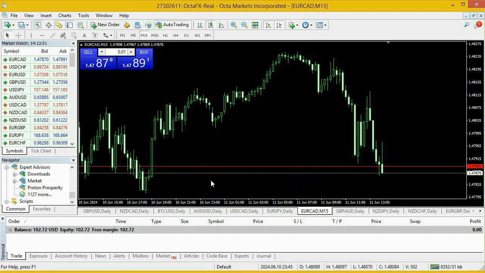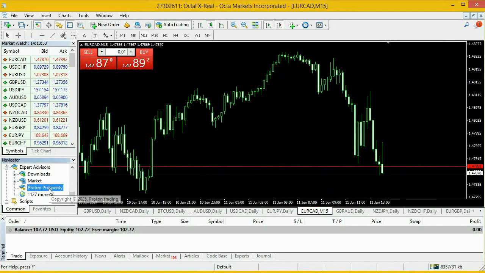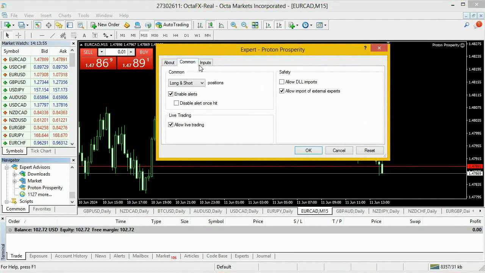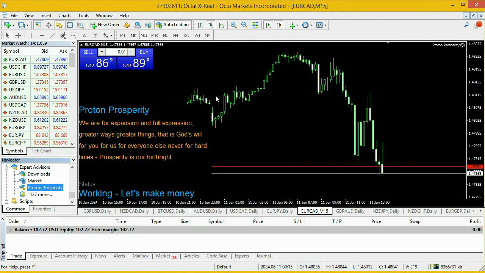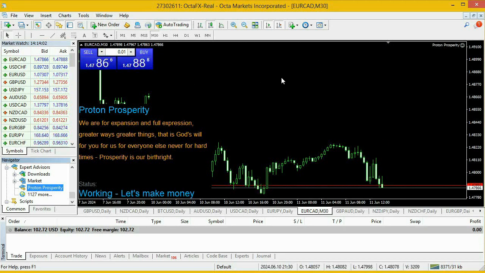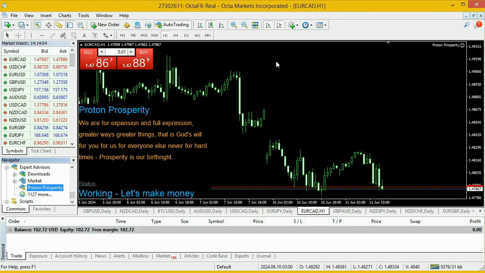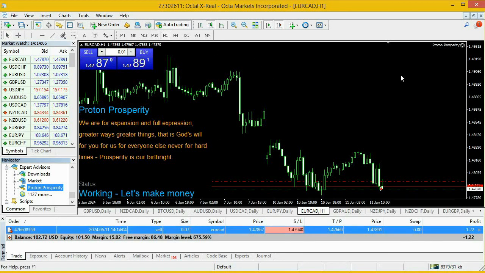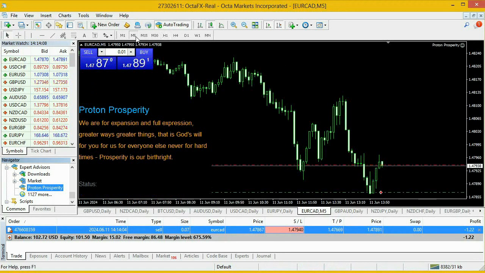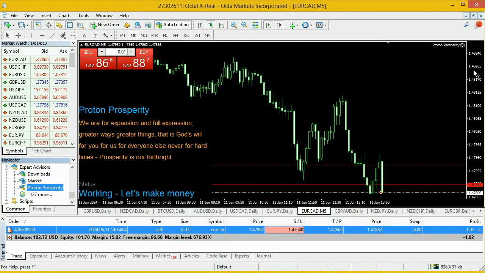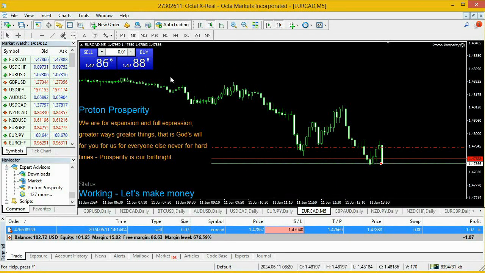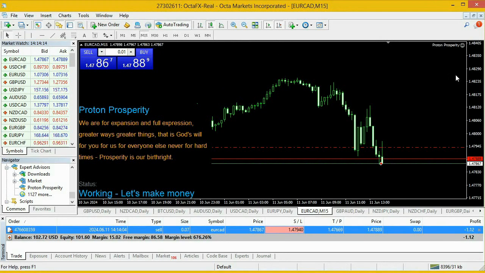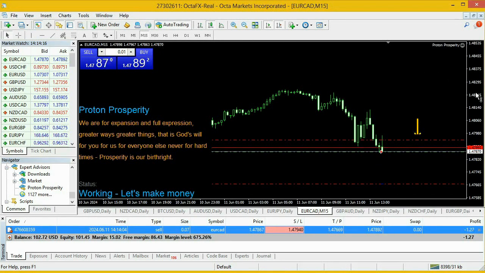We load the expert. Again, we need to look for a trigger. Sell position executed. Our stop loss and take profit.